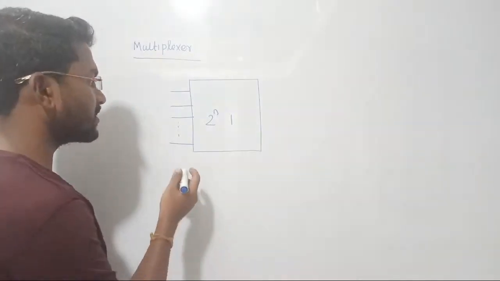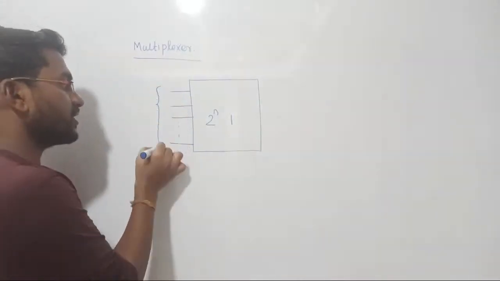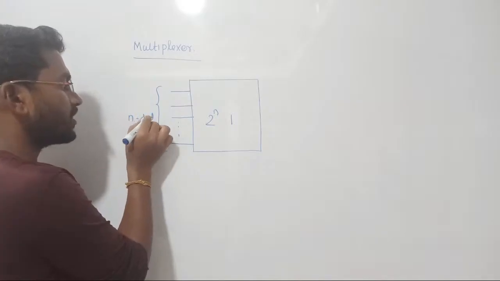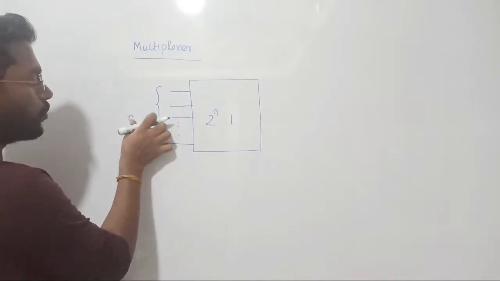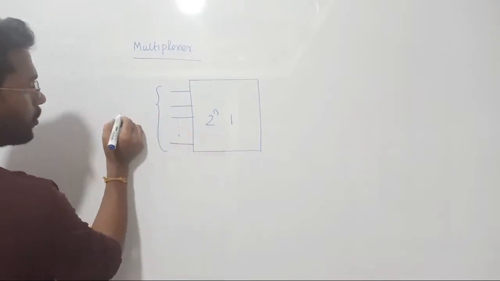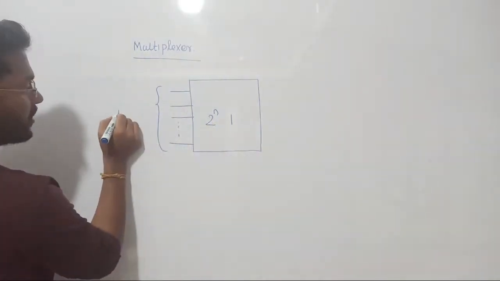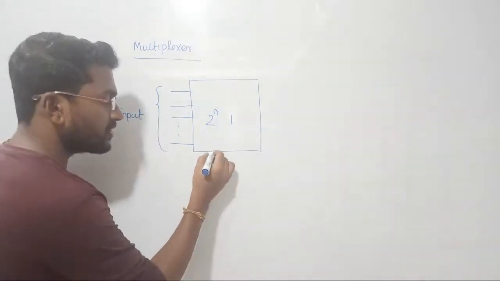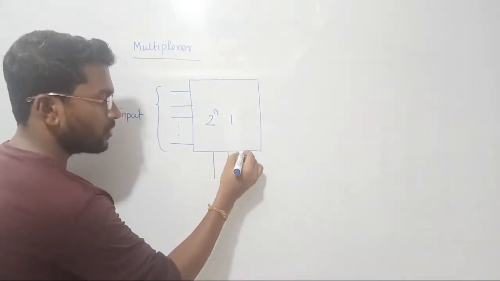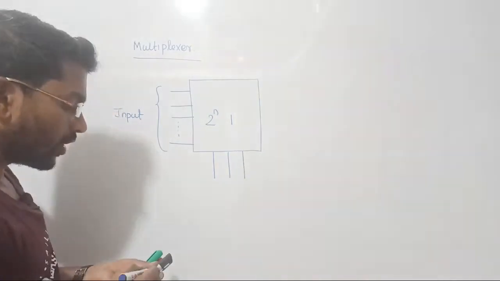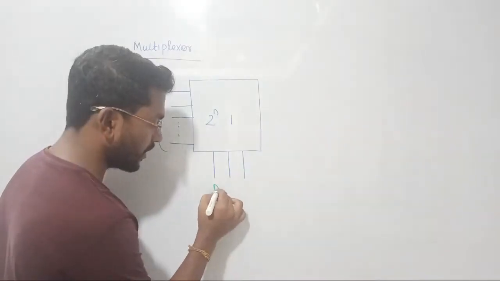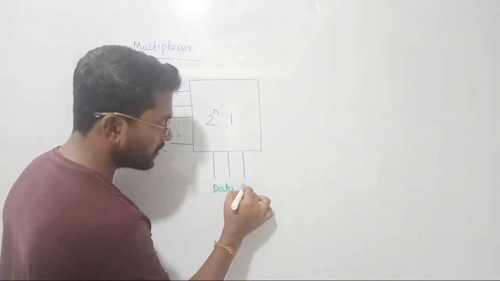In order to select these lines, we are going to consider n data lines, input lines, that is 2 power n input lines. Now with this we are going to consider one more variable, called the multi selector, or we can simply call it the data selector.